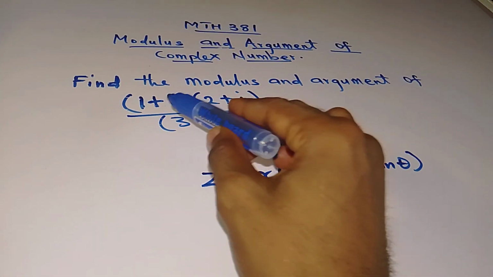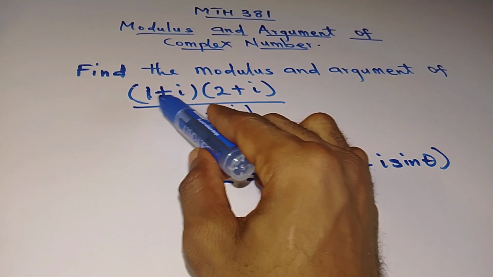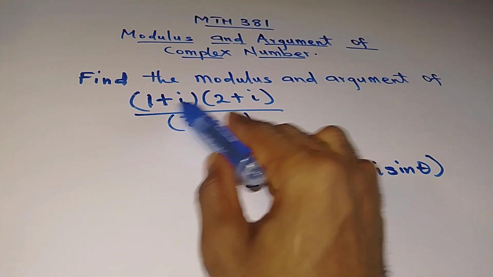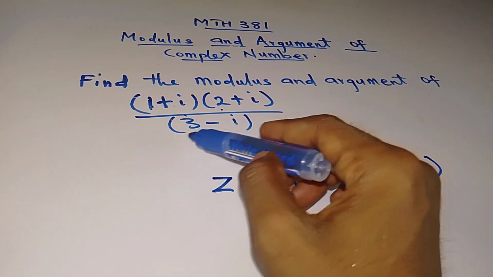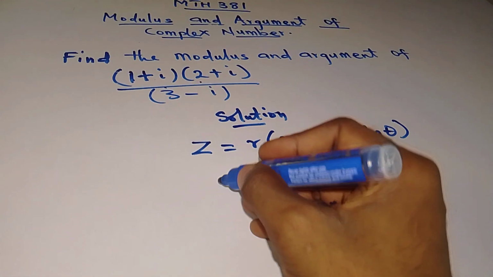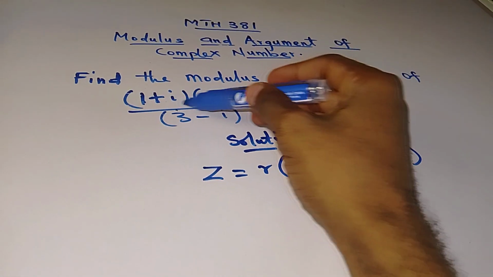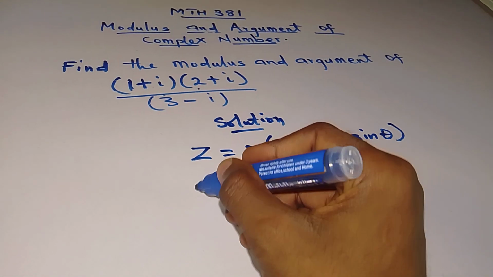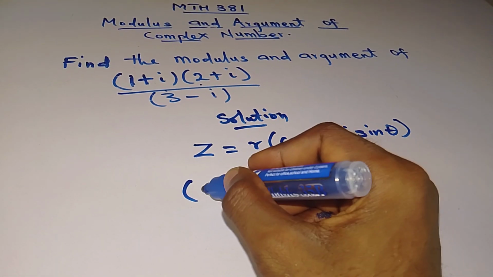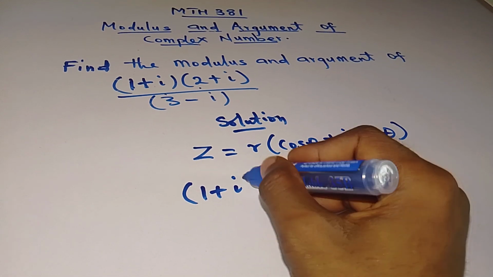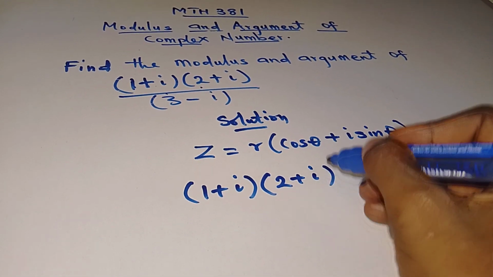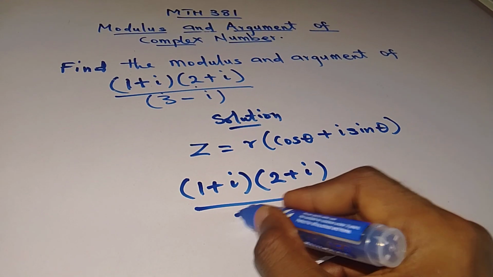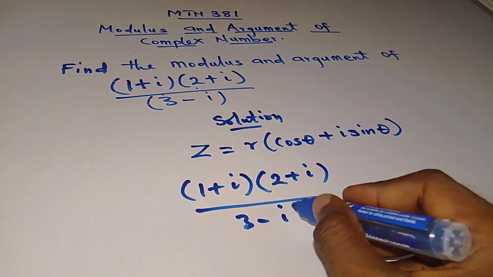We are going to simplify the complex number given here: (1 plus i)(2 plus i) all over 3 minus i.